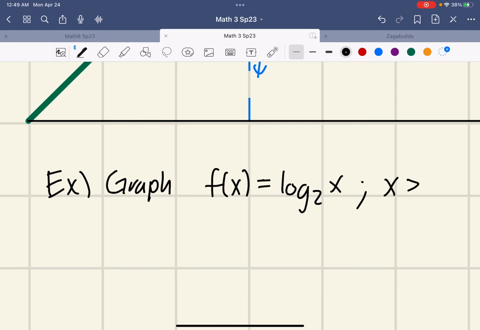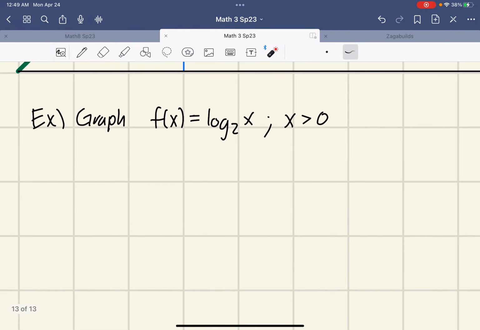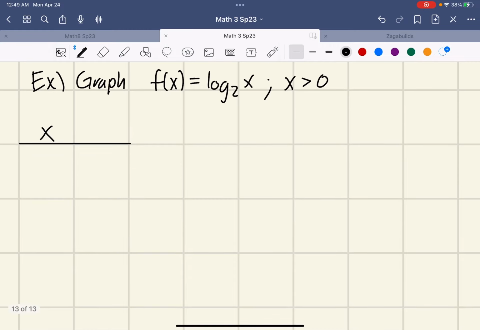Now let's not forget our argument, which is the number that's right next to your logarithm and above the base, is your argument has to be strictly greater than 0. Now, everything we've done to this point for being able to graph any equation, any function, has always been using a table.